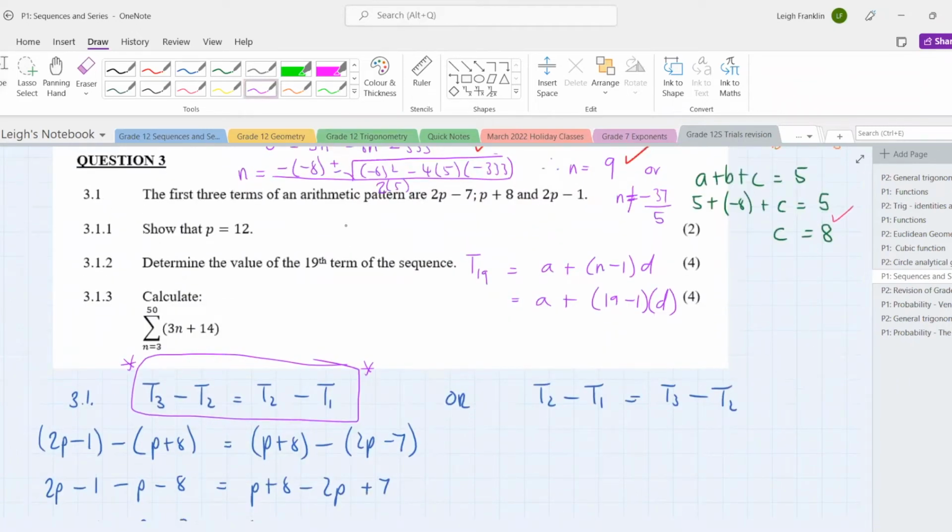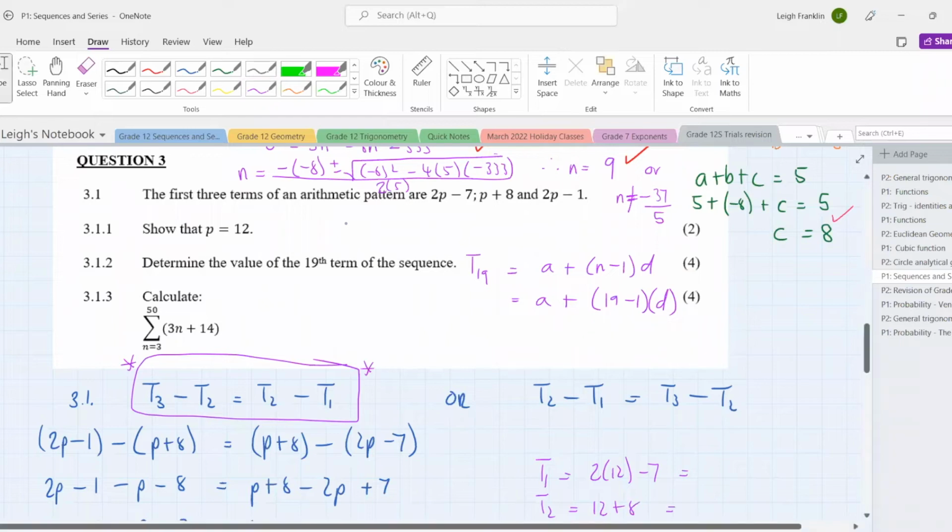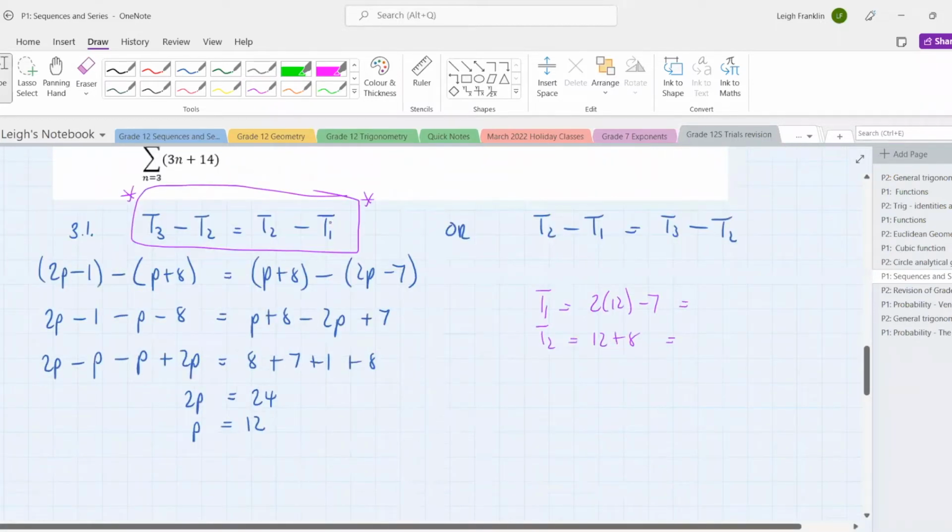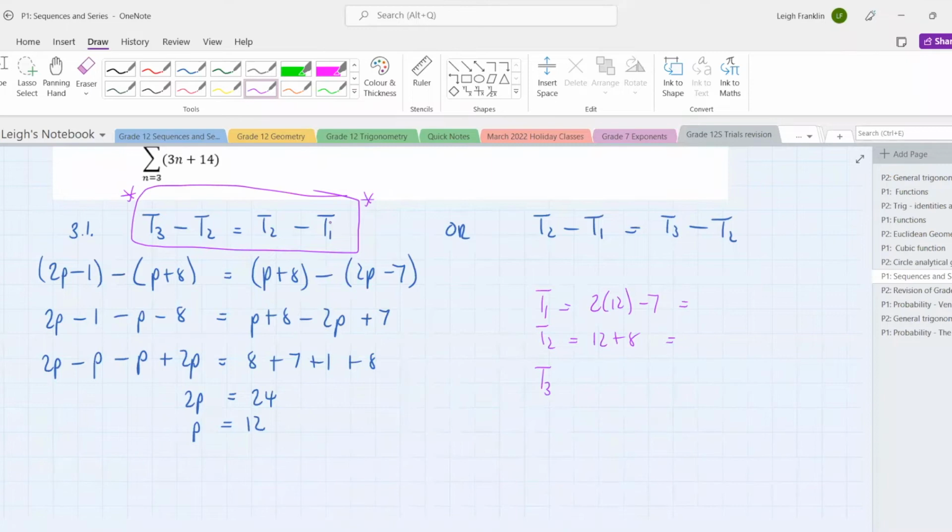All right, so term 1 is equal to 2 times 12 minus 7. Term 2 is equal to 12 plus 8. And term 3 is equal to 2p minus 1.